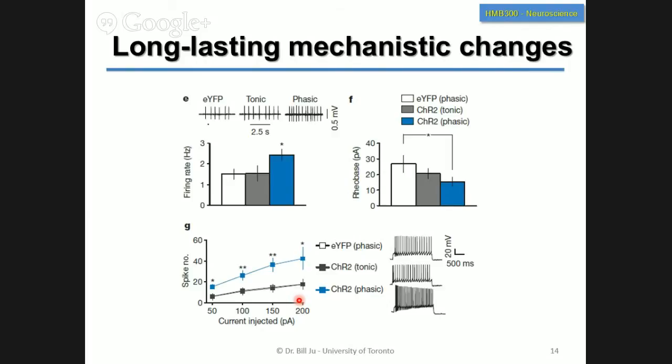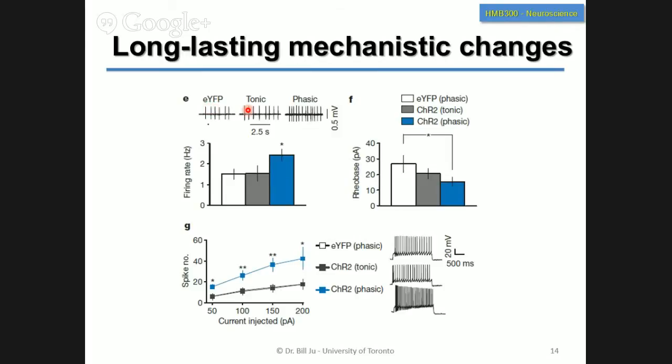So we're looking at three different mice here. We're looking at EYFP, which doesn't have channelrhodopsin. It's just the normal control vector. You want to see if the actual infectivity does anything to your neurons.